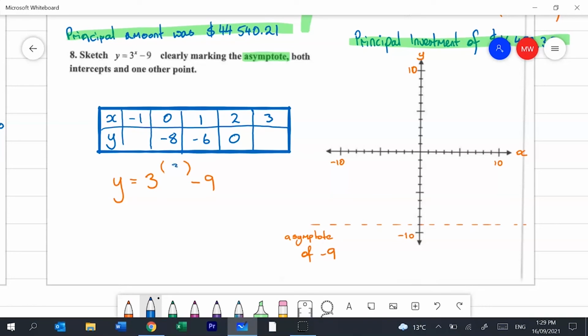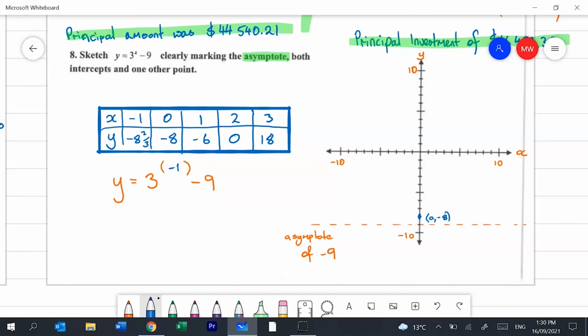And then I'll put in 3. And that'll give us the value 18. And let's just go back and test -1 and see what happens. And we'll get -8 2/3. Okay. Let's have a look at plotting some of these. So I can see there's some important points here. I've got a y-intercept here at 0, -8.